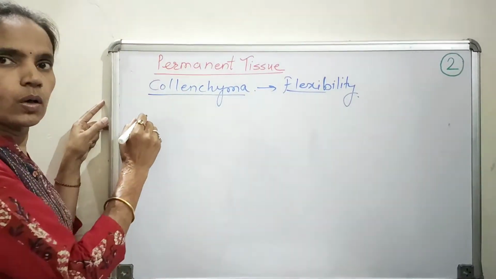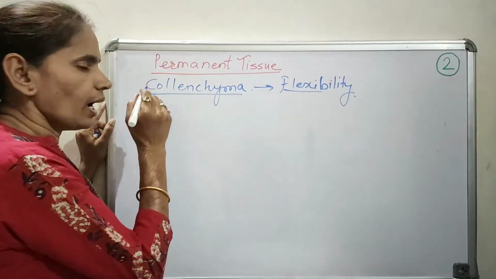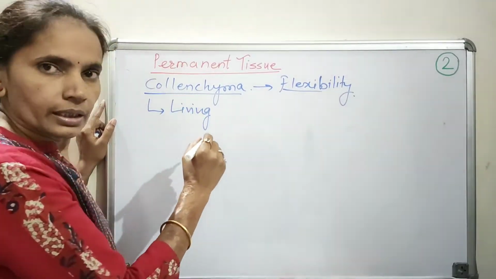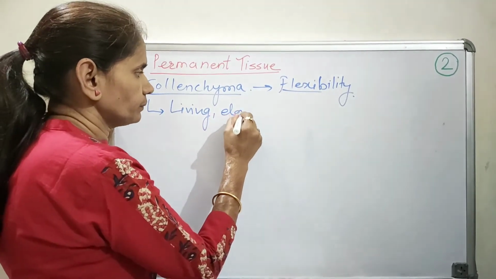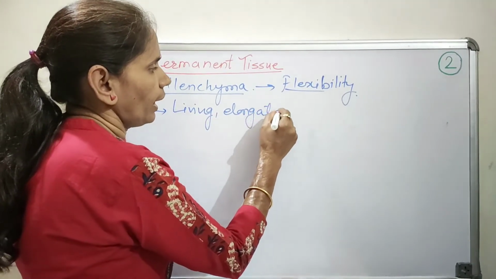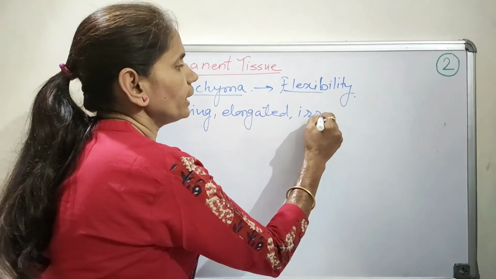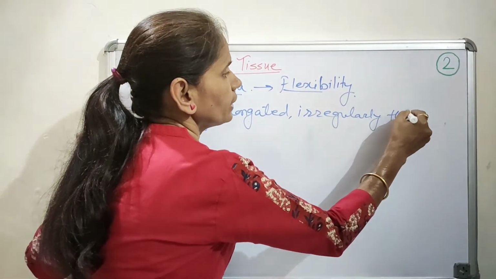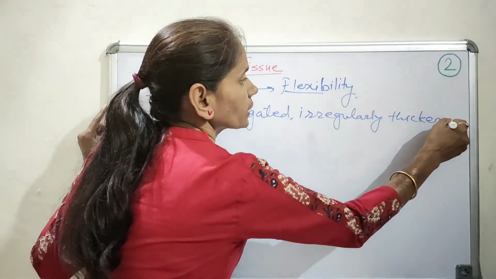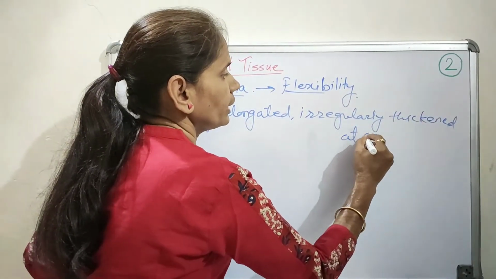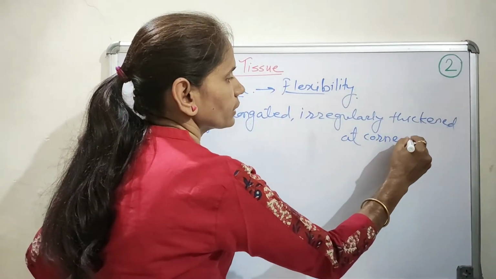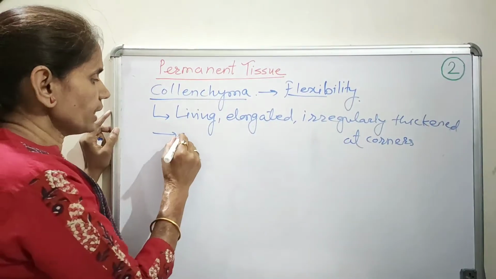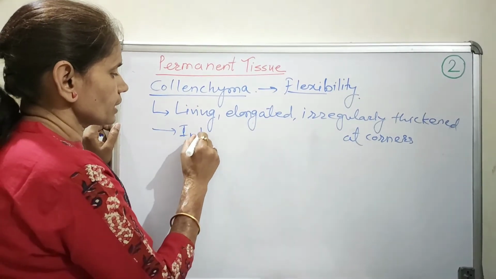The cells of this collenchyma tissue are living, elongated, and irregularly thickened at the corners. Then another thing is that they have very few intercellular spaces.